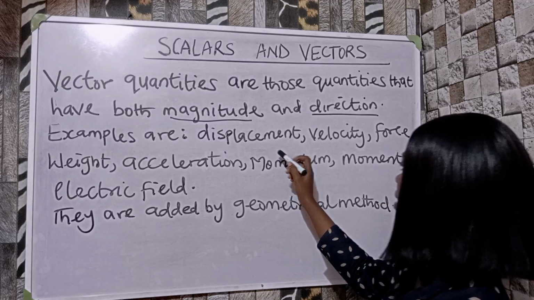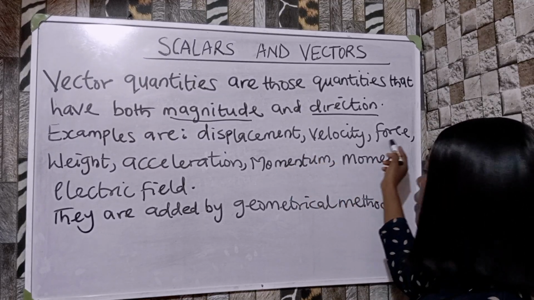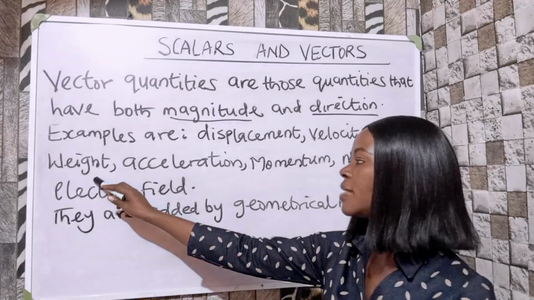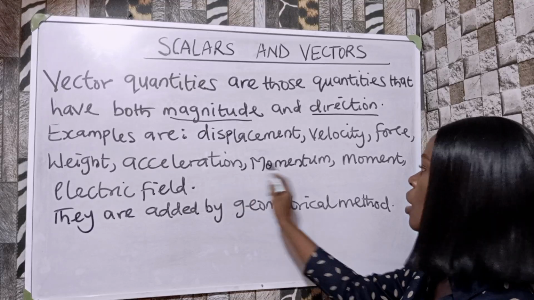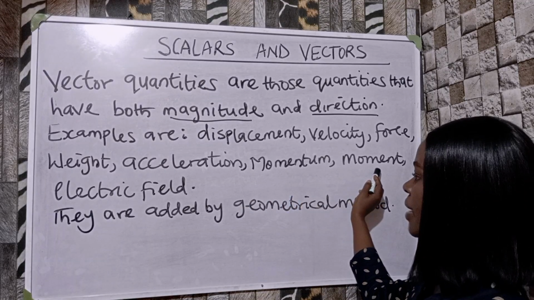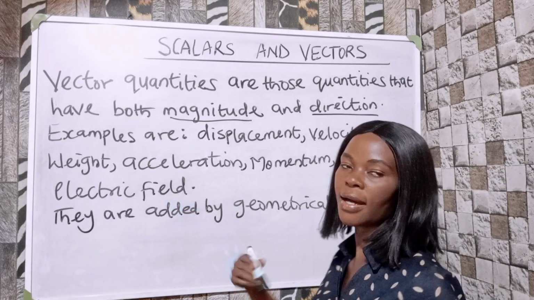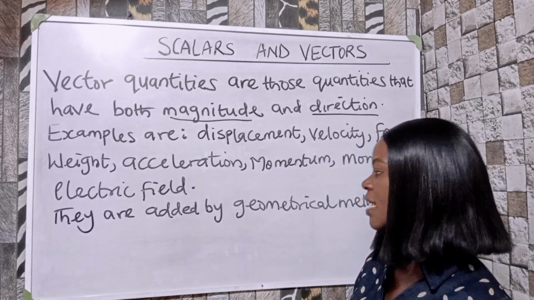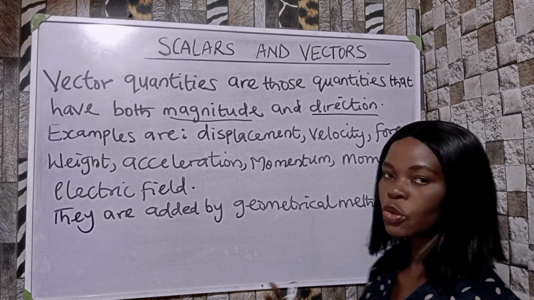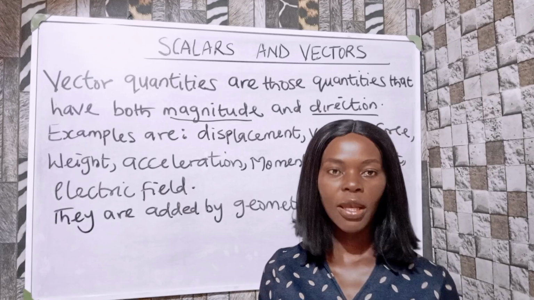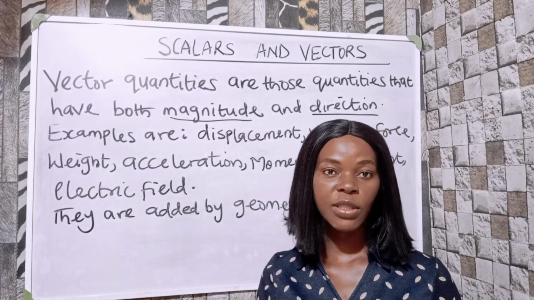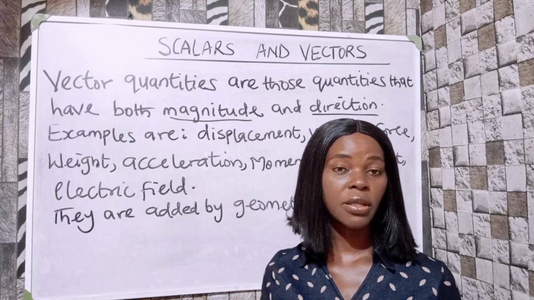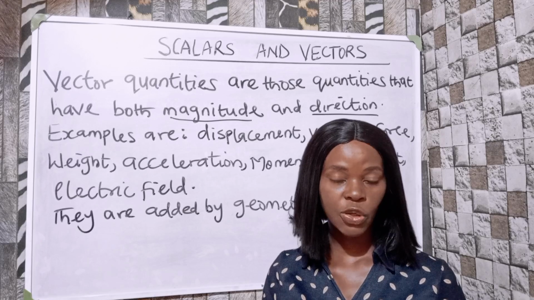These are examples of vector quantities: displacement, velocity, force, weight, acceleration, momentum, moment, electric field, and so on. These vector quantities are added by geometrical method, unlike the scalar quantities that we can add with ordinary algebraic expressions.